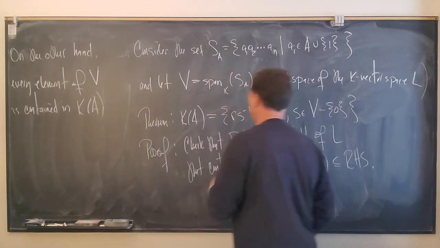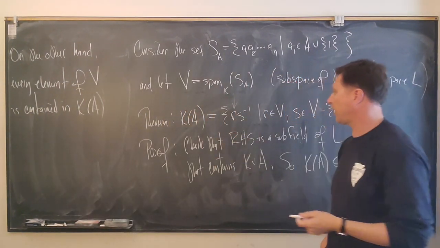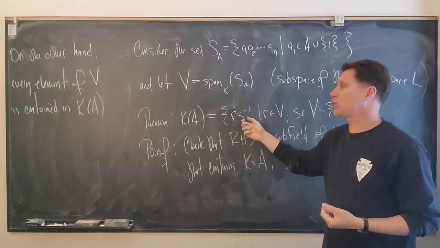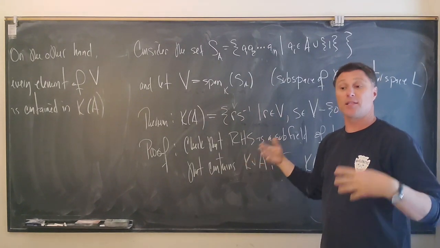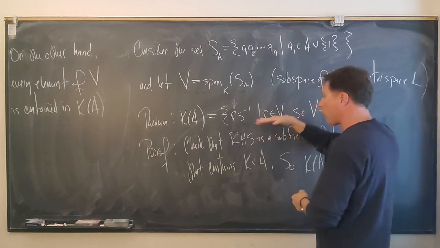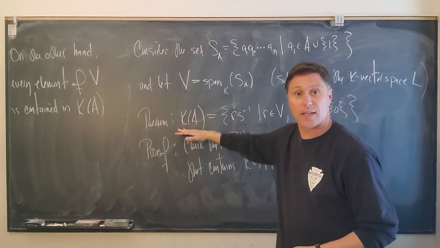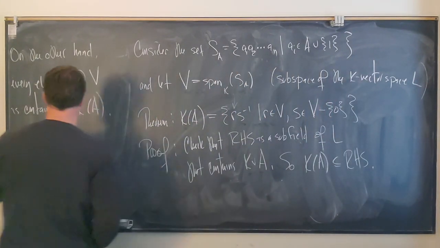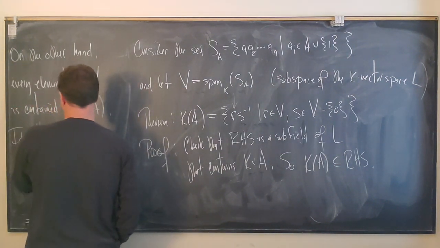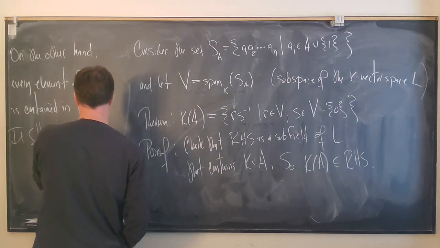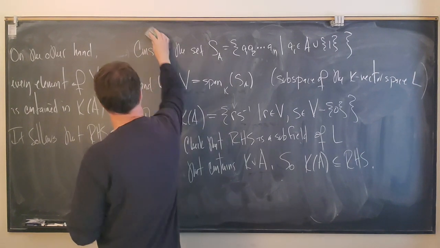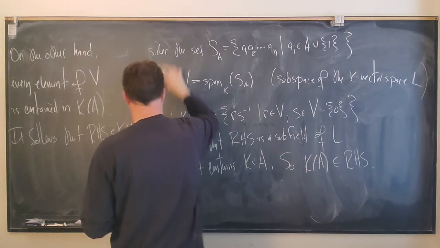Okay, so what does that mean? That means that all of the R's live in K adjoin A. And then, of course, all of the S inverses also have to live in K adjoin A. And since K adjoin A is a field, it's closed under that multiplication. And so that tells us that the right-hand side has to live inside K adjoin A. So it follows that the right-hand side is contained in K adjoin A, and that completes the proof.